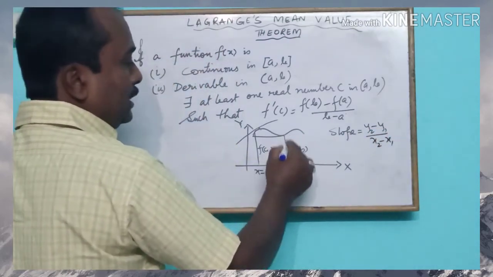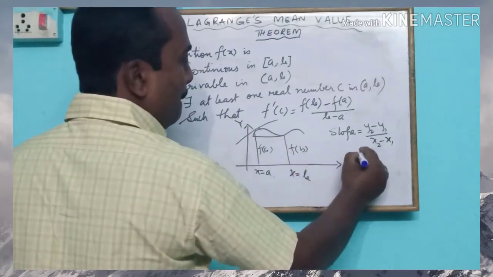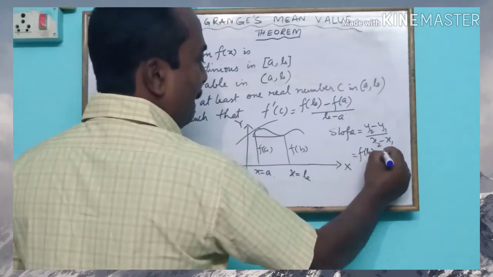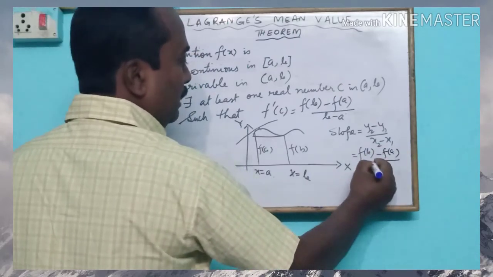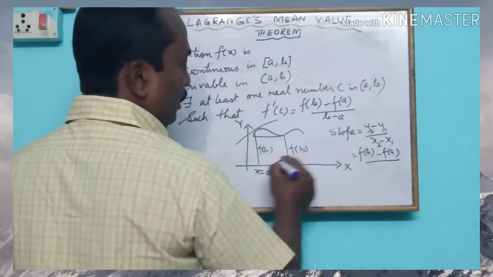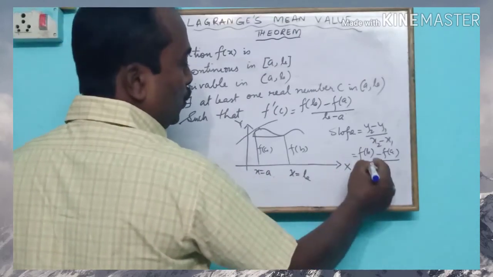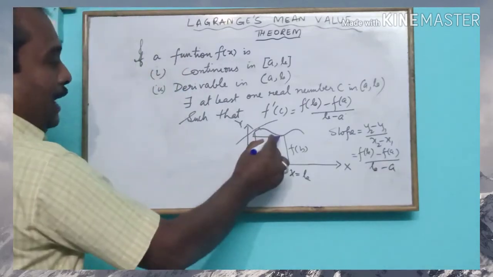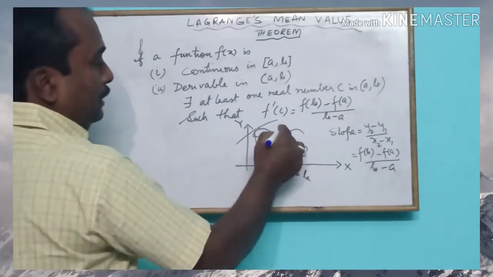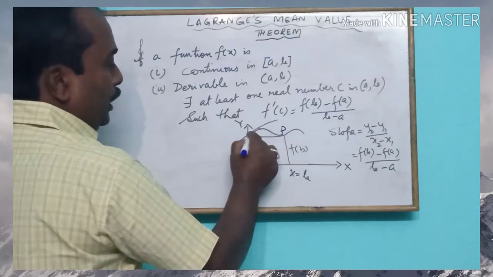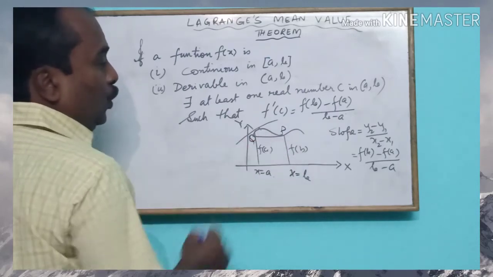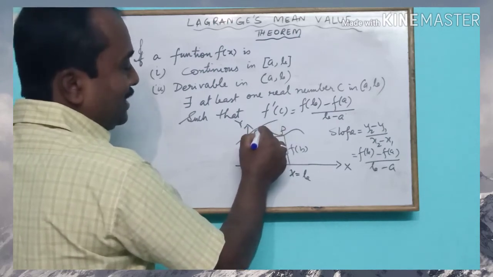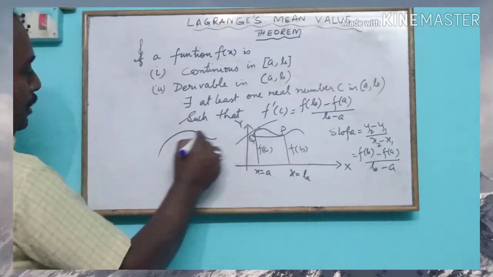Here y2 is f(b), y1 is f(a), and x2 is b, x1 is a. That means the line joining these two points, that is P, Q, will have the slope equal to the slope at the point c. That means, let me draw it properly.